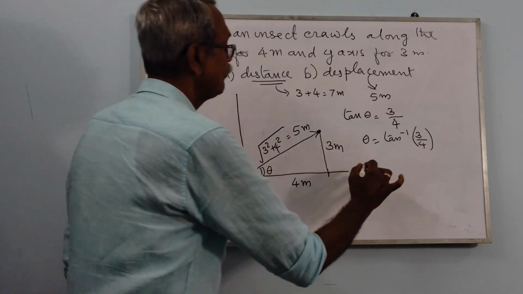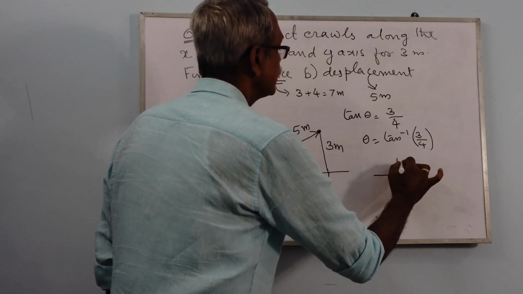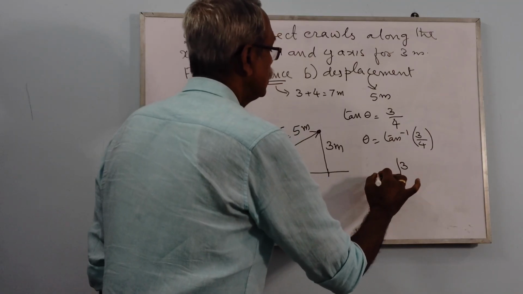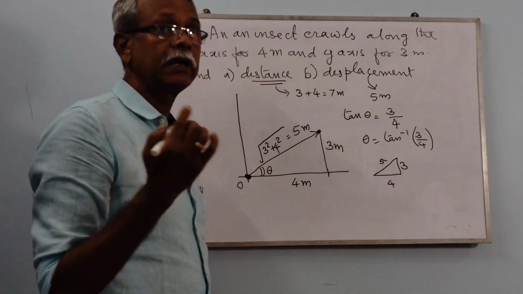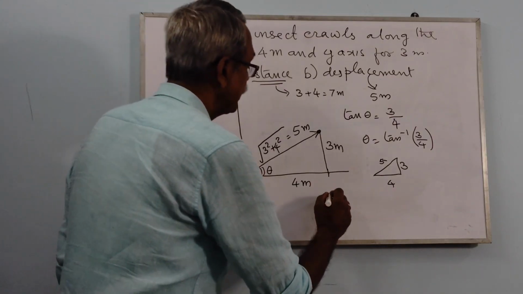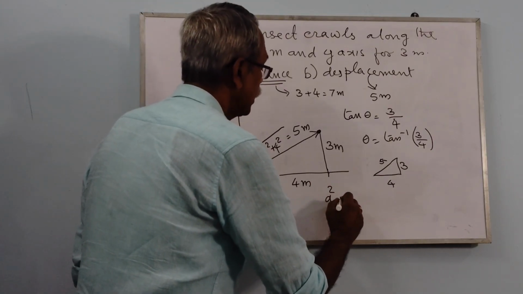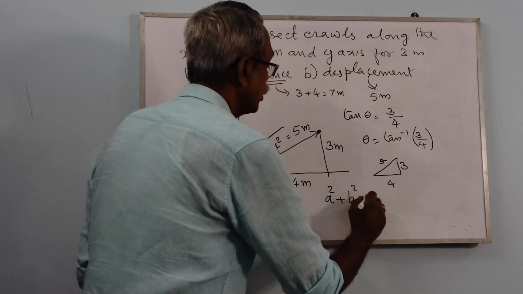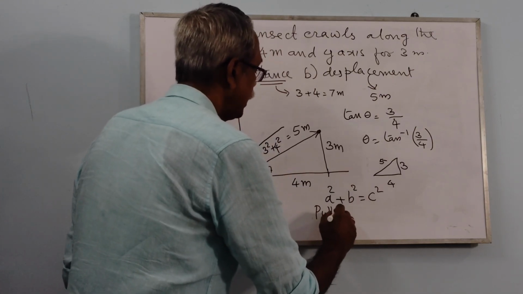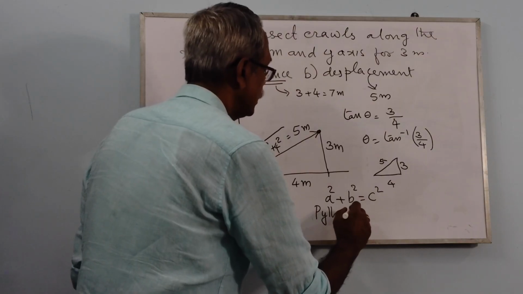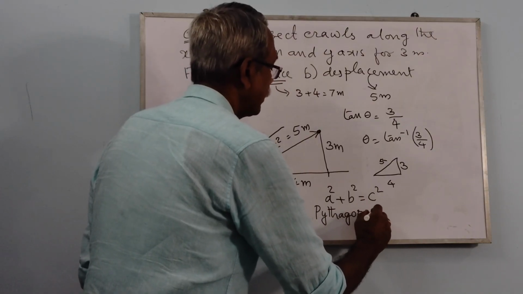This is 3, this is 4, this is 5. And any 3 numbers which satisfy the condition a square plus b square is equal to c square are called a Pythagorean triplet.